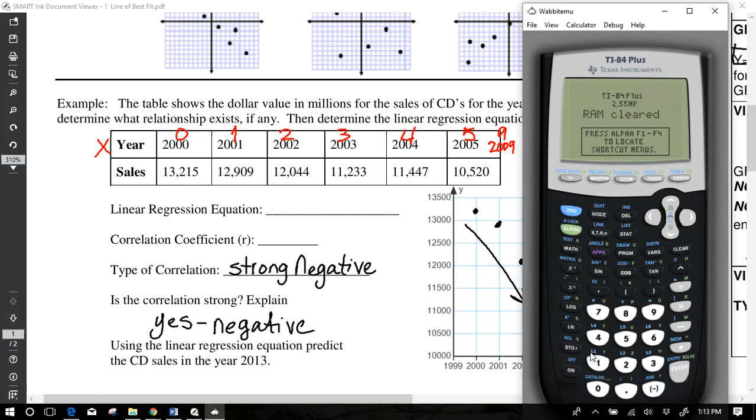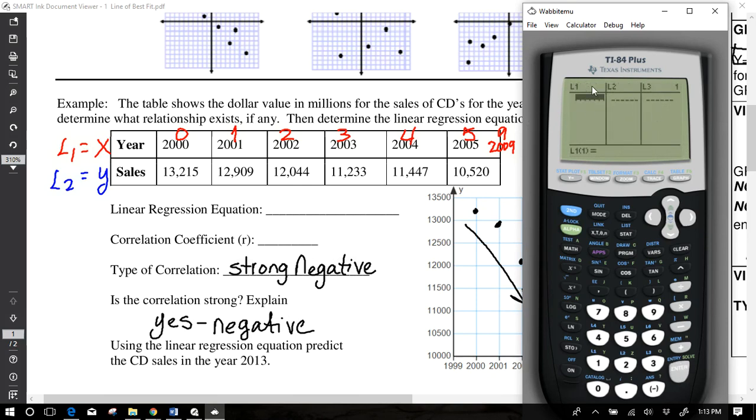All right. And then X's go in L1. In L1, my Y values will go in L2 over there on the calculator in just a second. So let's go ahead. In order to type these into the calculator, we need to go to Stat and then Enter to edit.